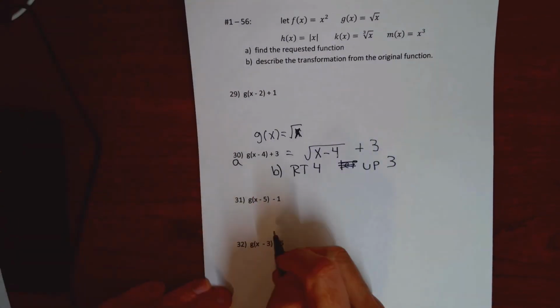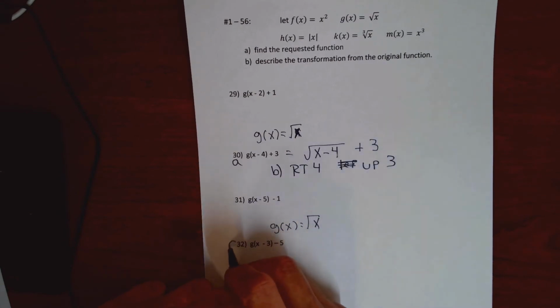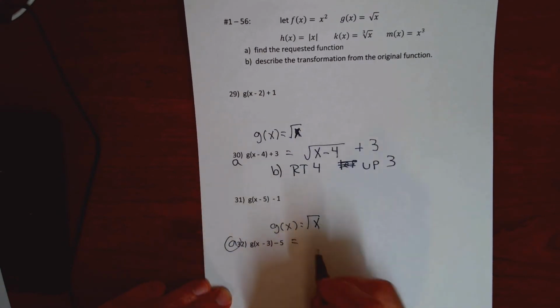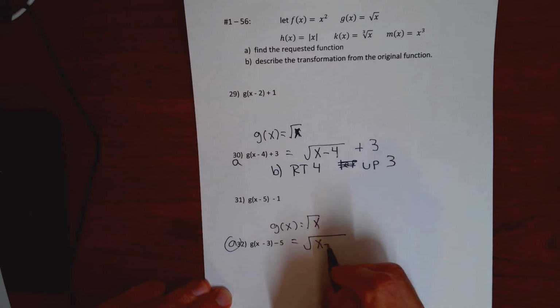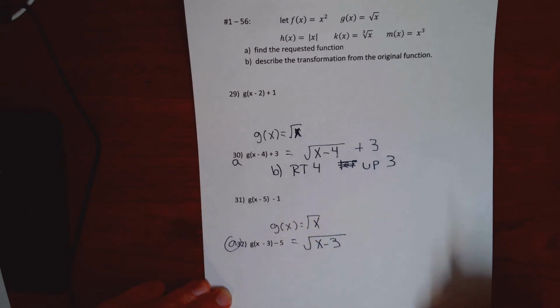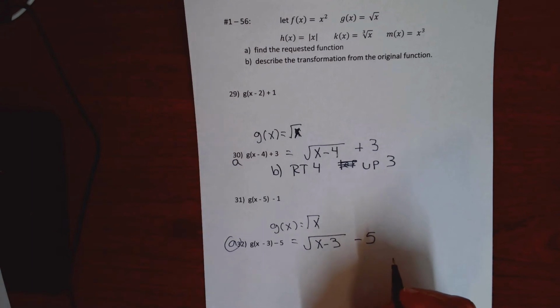32 calls out that same square root function. For part A, I want to find g of x minus 3 minus 5. The x minus 3 is going to go under the square root symbol because the x minus 3 is in the parentheses. The minus 5 is going to go after.